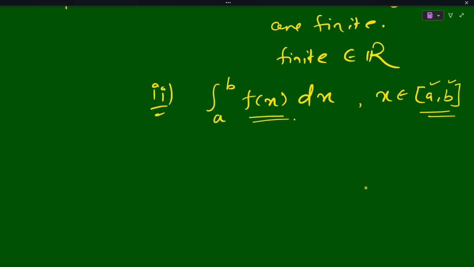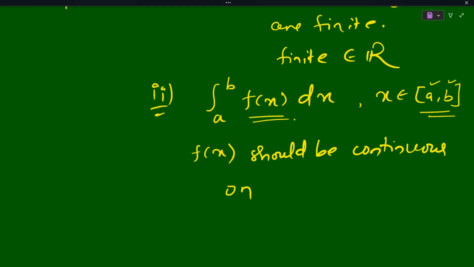So the second condition comes from here, that f of x should be continuous on the interval on which the limits of integration are given, that is a to b.